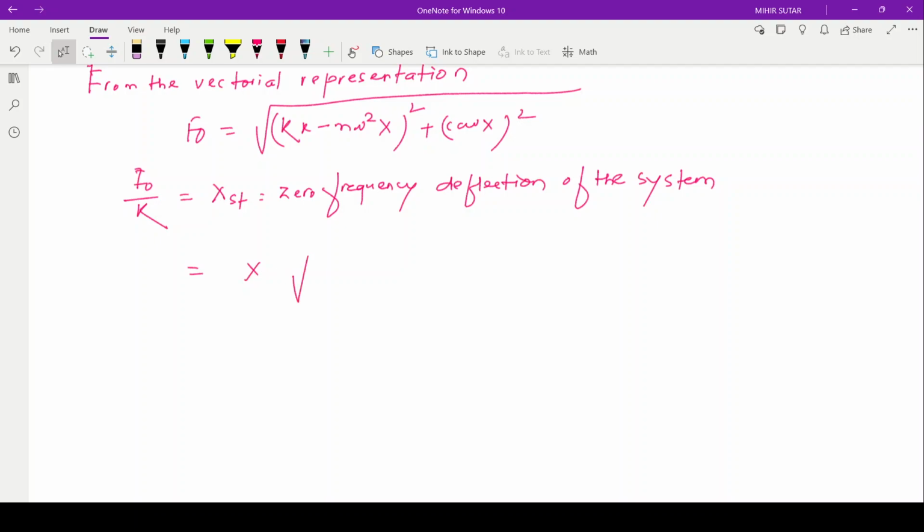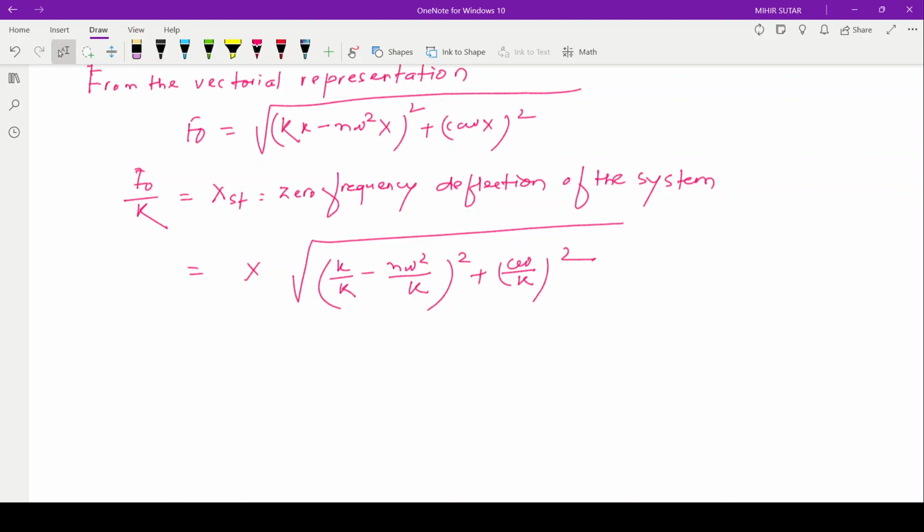If you take out, we have k by k minus m omega square by k square plus c omega by k square.